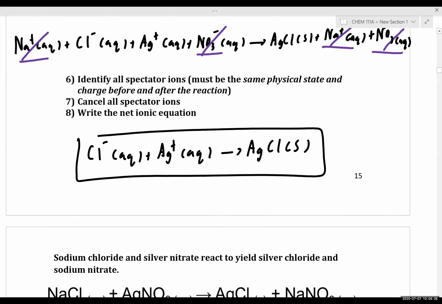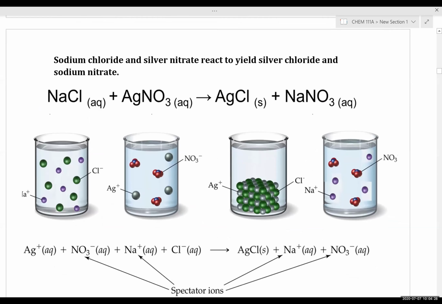Let's try to apply what we've learned and let's try to visualize what's going on in a pictorial sense. So to put some pictures to this, if we've written out our equation and we've assigned our state symbols, you can draw pictures of what the solution looks like, just like we did earlier on in this chapter. And that really helps you visualize the ions present.